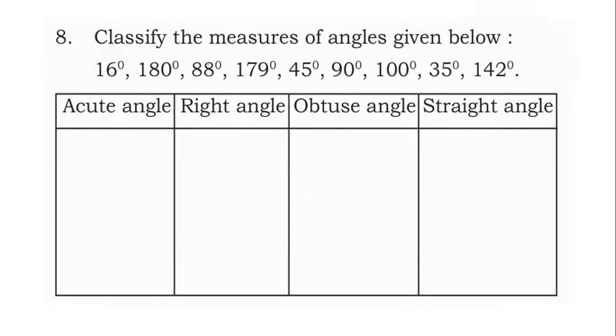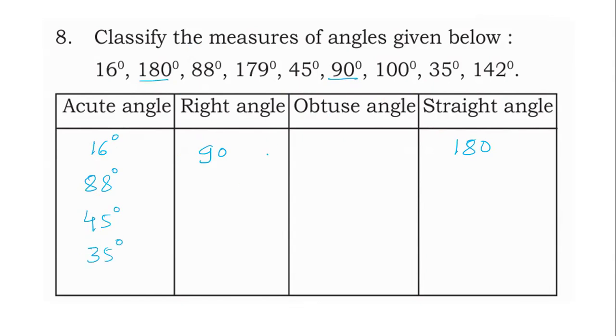Next, classify the measures of angles given below. First, right angle, 90 degrees. Next, straight angle, 180 degrees. Acute angle, less than 90 degrees: that means 16 degrees, 88 degrees, 45 degrees, 35 degrees.